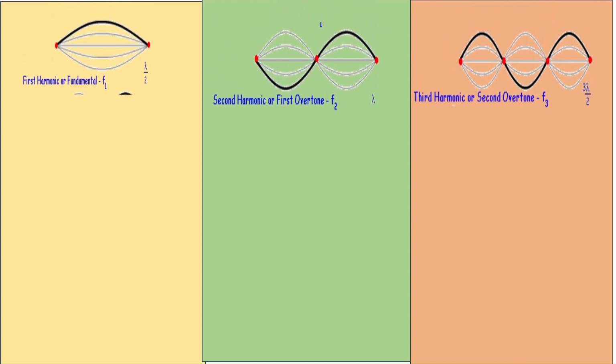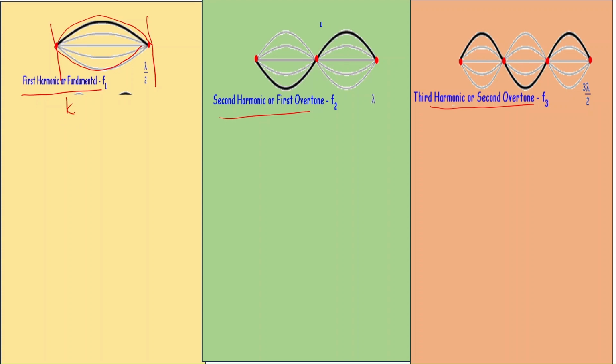Now see the overtones: the first harmonic, second harmonic and third harmonic overtones. For the first harmonic, if the string is stretched between the two ends, it creates the maximum overtone, which I consider as this. This is the first overtone.